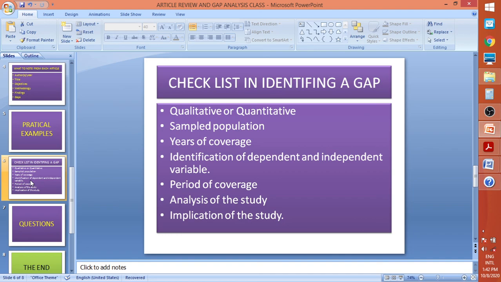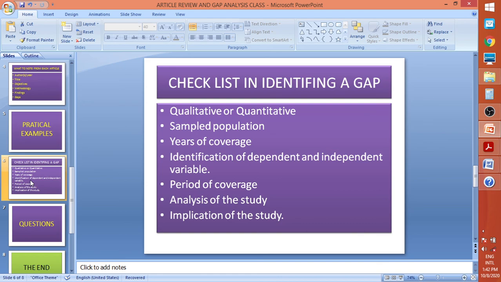So first thing is, check out whether the study is qualitative or quantitative. When it is qualitative, that means data weren't collected. How do you know if data weren't collected? You see that in the article, it is more like just a theoretical write-up, like they were just writing theories without any calculation being involved, without performing any analysis in the article. So that one is purely qualitative.